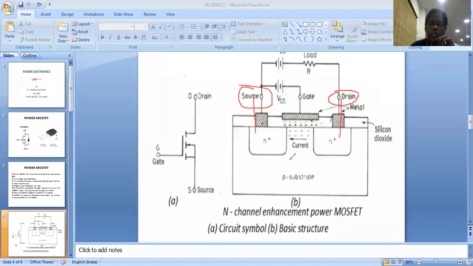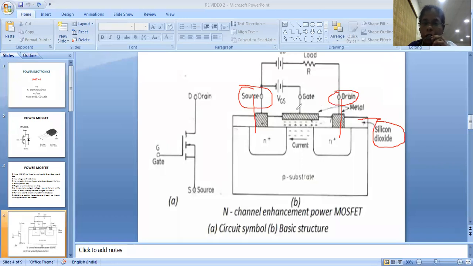In between we have a P substrate, and from this P substrate we would take the gate, but here the gate is insulated. There is a metal oxide layer, which is our silicon dioxide layer. Over that layer, the gate terminal has been formed.